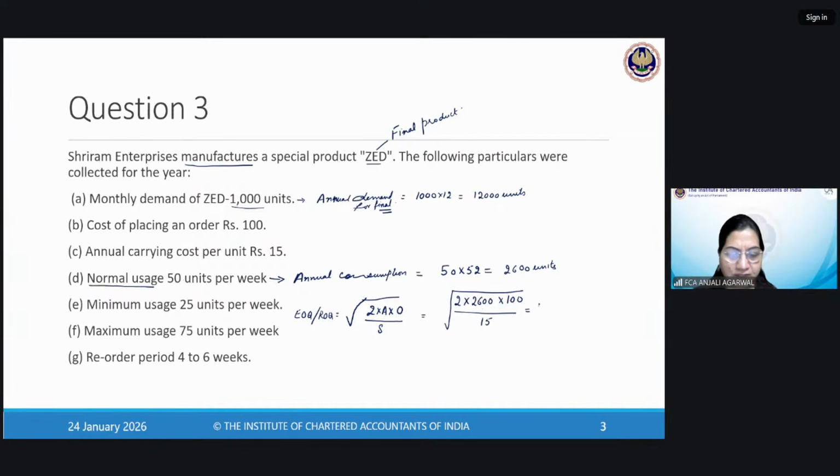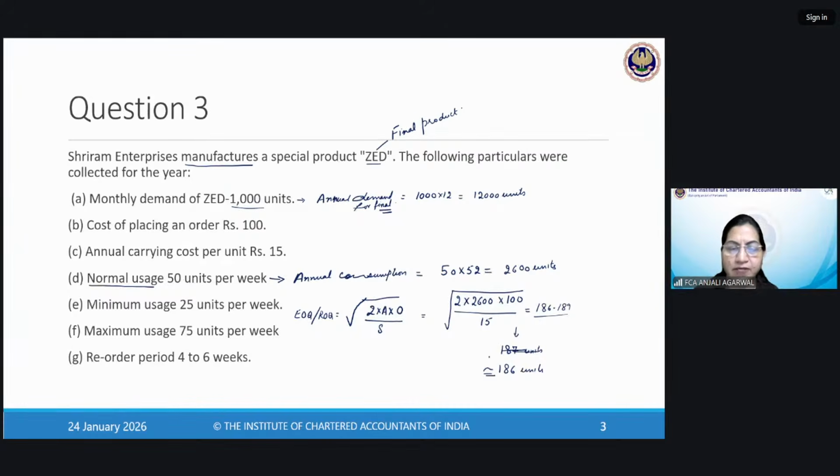So you're going to place an order for 186.189. Once again, assuming fraction not possible, let's say we'll place an order for 187 units, or you can round it off as 186 approximately.